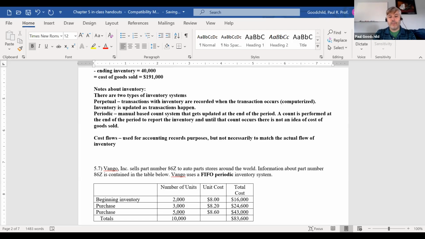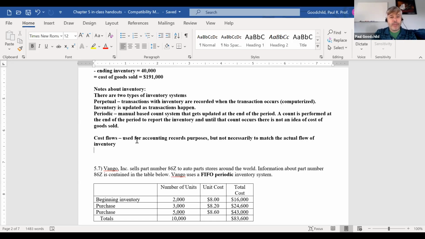And so what I mean by that is that if you're using a first in, first out system, that's pretty obvious for something like milk. But if you've got a bunch of washers or dryers and you're stacking them up and you've got literally hundreds, you may still use the first in, first out method for cost flows, but you're just going to take the last one because your washer and dryer is not necessarily something that's going to deteriorate. So you may not use that as your actual flow. But things like food, typically that has a flow of first in and first out.